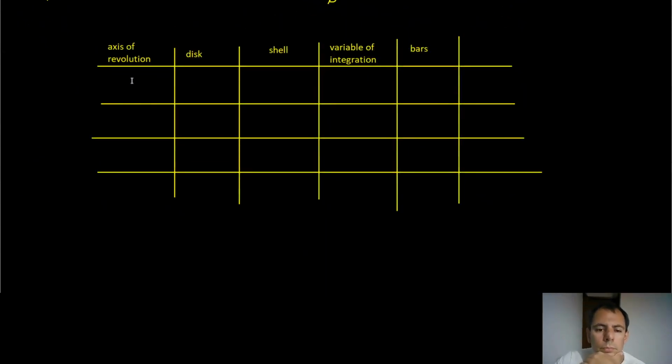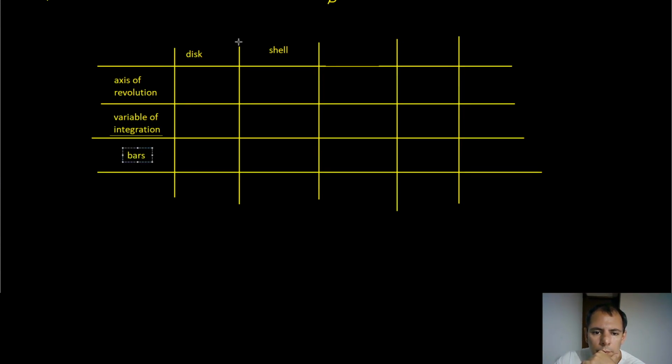I don't even know if this is the best way to do this. I want to drag this in here. Yeah, I think it'll be better this way. So let's think here for a second.